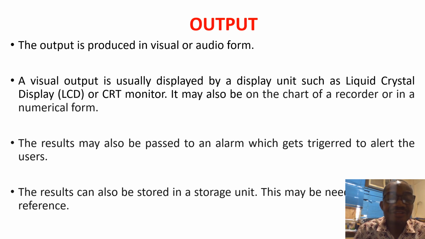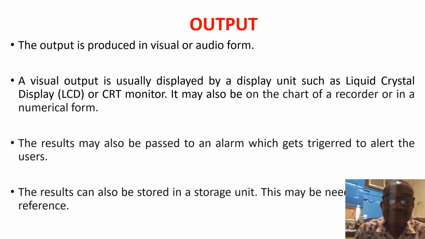So usually, visual display is often used, and the most common visual displays are your LCD, that is your liquid crystal display, and also your CRT monitors. We may also use charts of a recorder or numerical form. For example, in ECG, the results are usually printed in tracings.